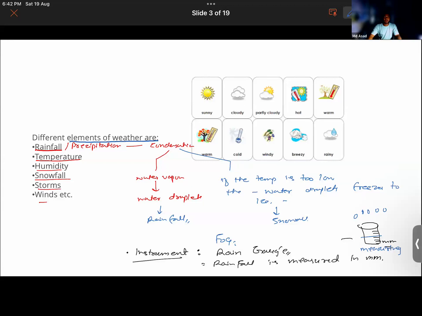And what is the factor that affects the temperature of the Earth's environment, the atmosphere of the Earth? Any idea? I'm talking about the source of the heat, right?